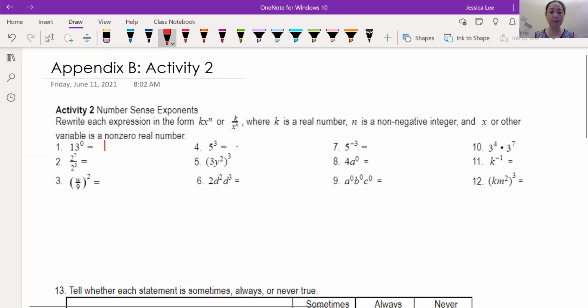And 5 to the 3rd power, remember that's 5 times 5 times 5, which is just 125. And then 5 to the negative 3rd power. Remember that the negative 3 does not mean that it's a negative number, right? The negative exponent just means that it's 1 over.